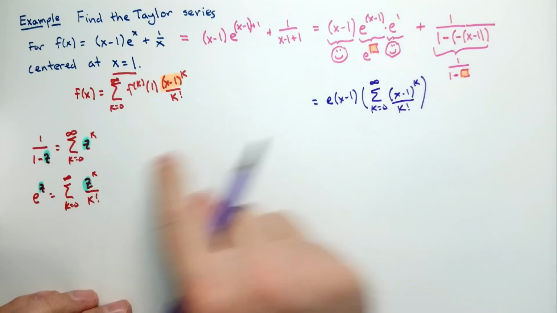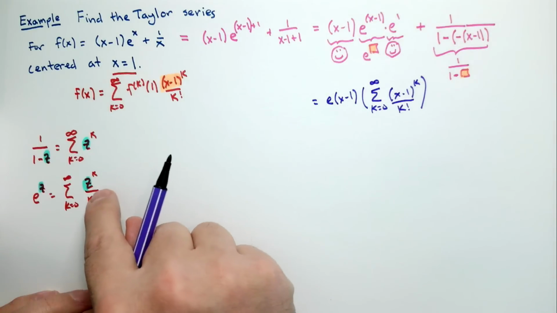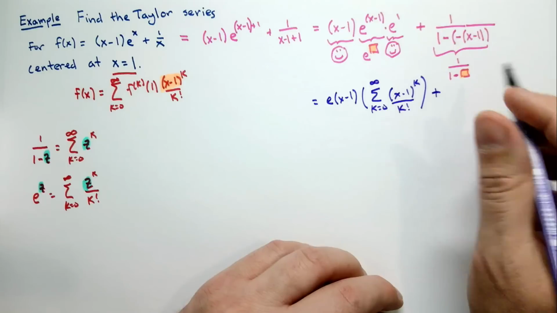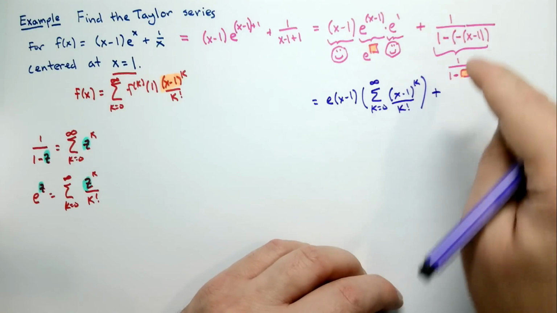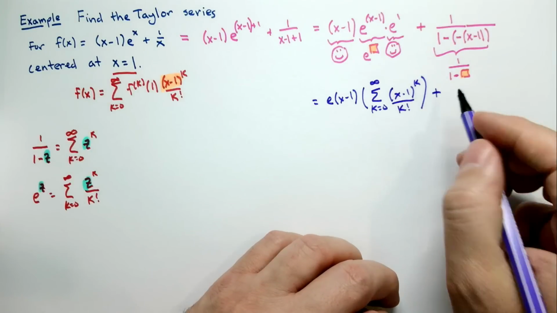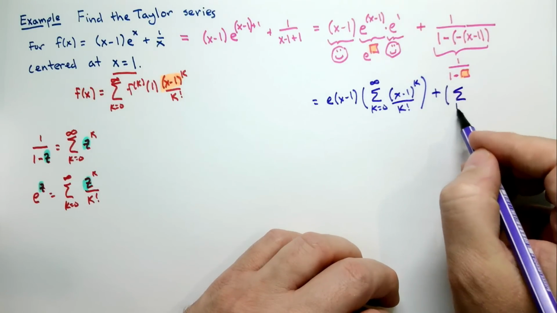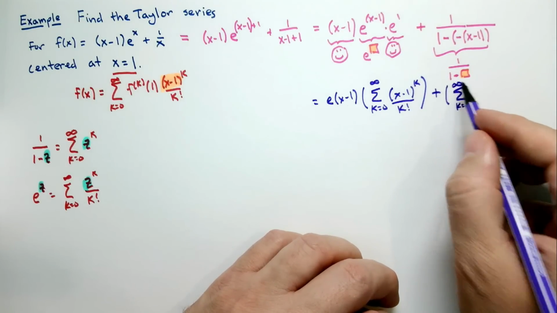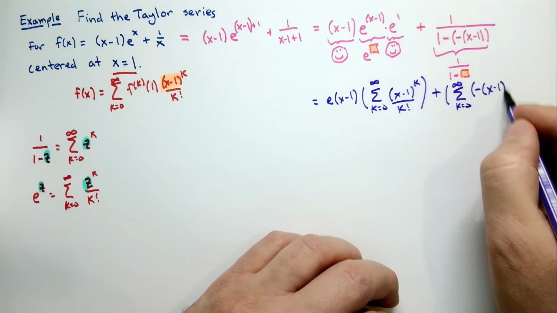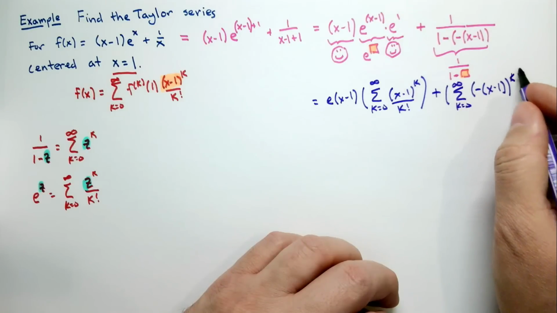Because my mold up here is x minus 1. So x minus 1 to the k over k factorial. Plus my second piece. So that's 1 over 1 minus something. 1 over 1 minus something is the sum from 0 to infinity of minus x minus 1 to the kth power.